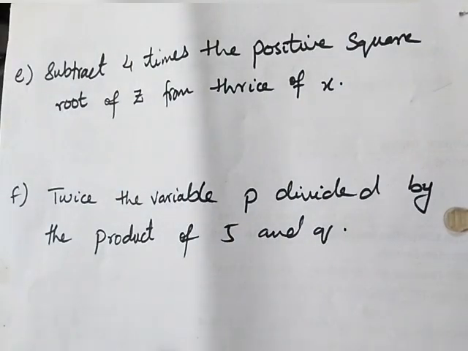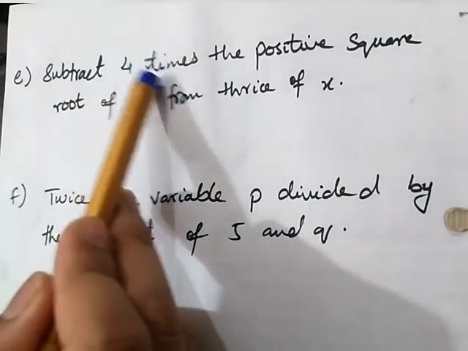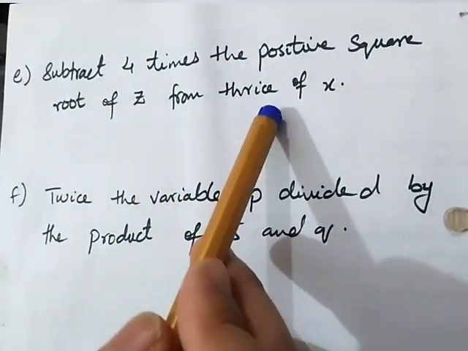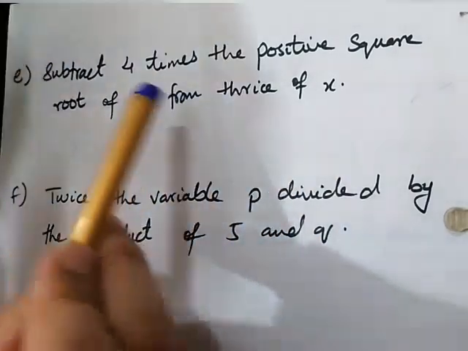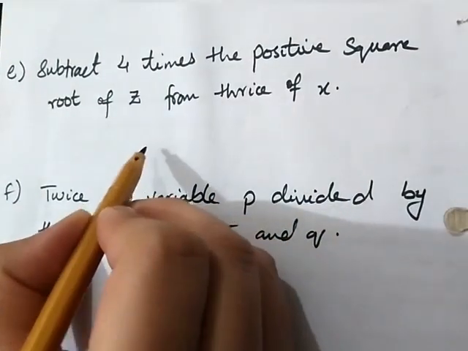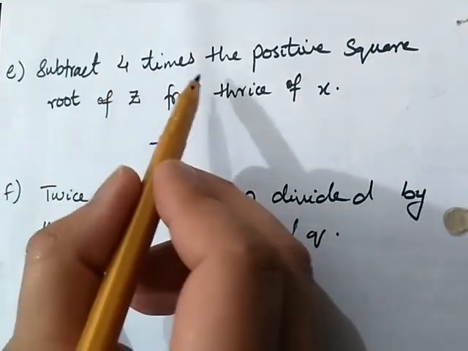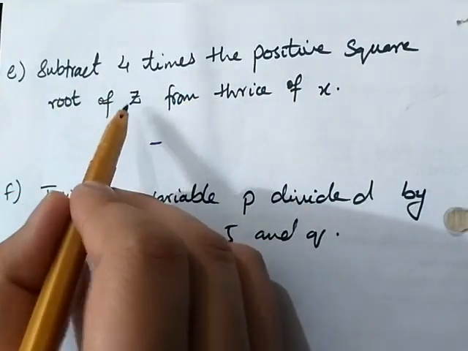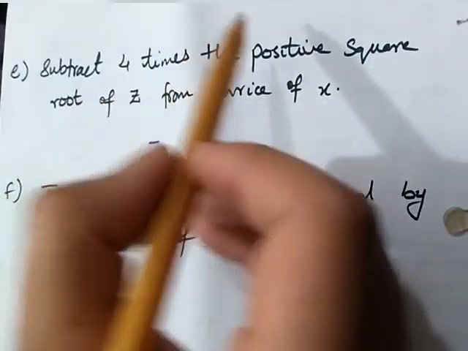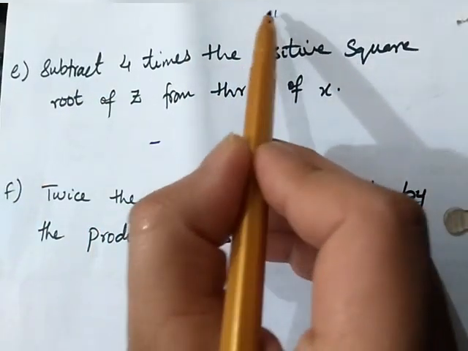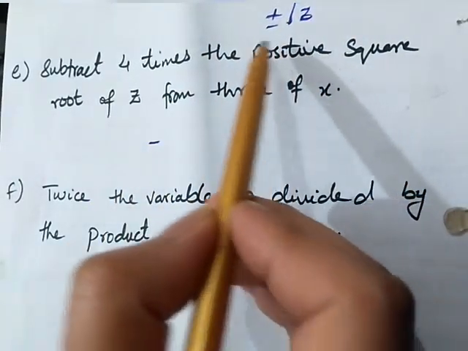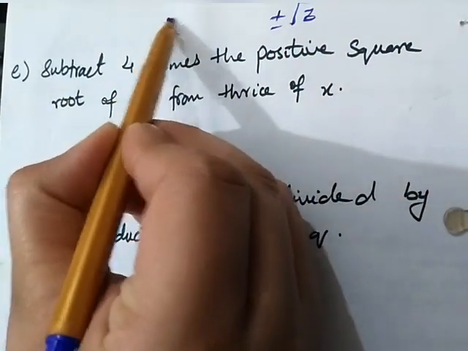Now we have part E: Subtract 4 times the positive square root of z from thrice of x. Subtract means we have to minus. From here we can guess there is a positive square root. Now we have two types of square root, positive and negative square root of z, but here they are discussing that we have to subtract the positive square root.